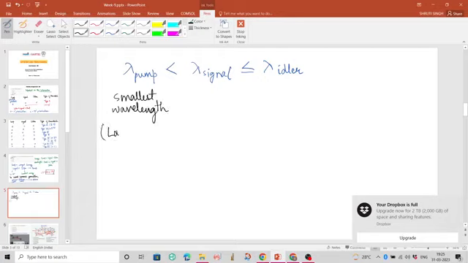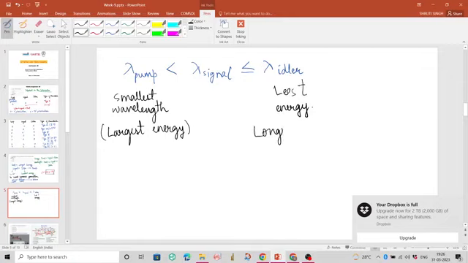Smallest wavelength, largest energy. This one is the least energy, or the longest wave.